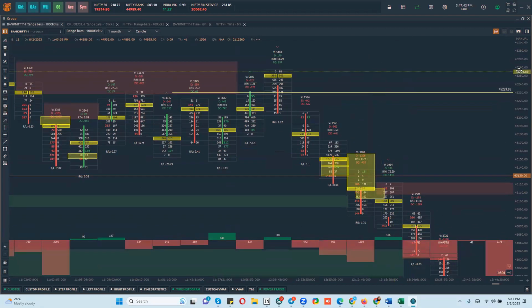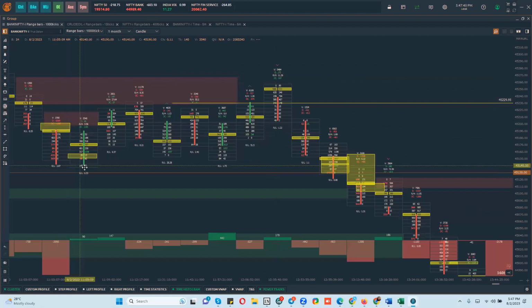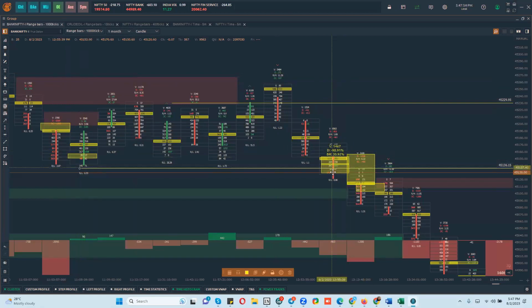Now just to give you this information about what I'm talking about, here you see what happened. When the market broke this level, it started showing bigger and bigger trades, because all the buy limit orders that are there are getting executed by the sell market orders.